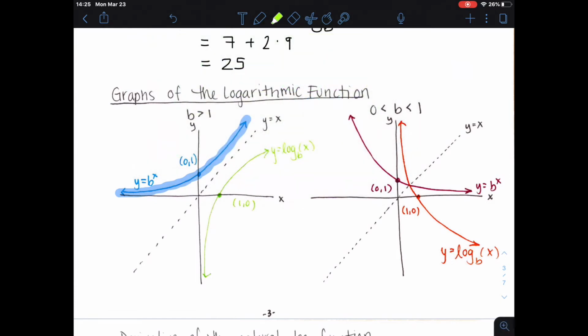The nice thing is, because again, these are inverses of each other, you can flip that over the graph y equals x, and the logarithmic function goes from negative infinity and it keeps increasing. So one thing we have to be careful about, what's inside the logarithm always has to be positive. That domain requires that your x is greater than 0.